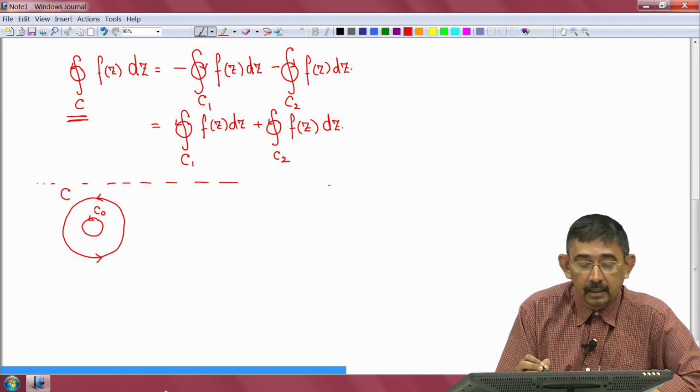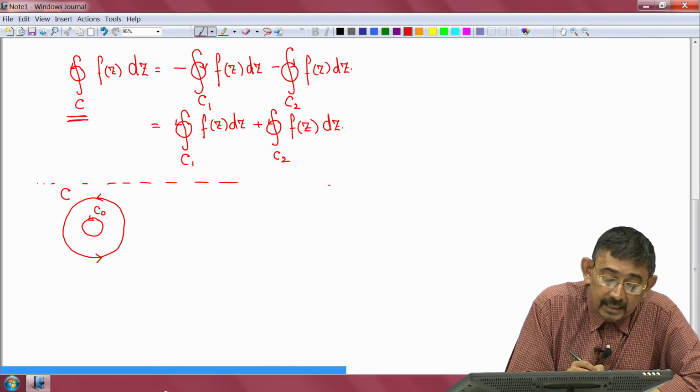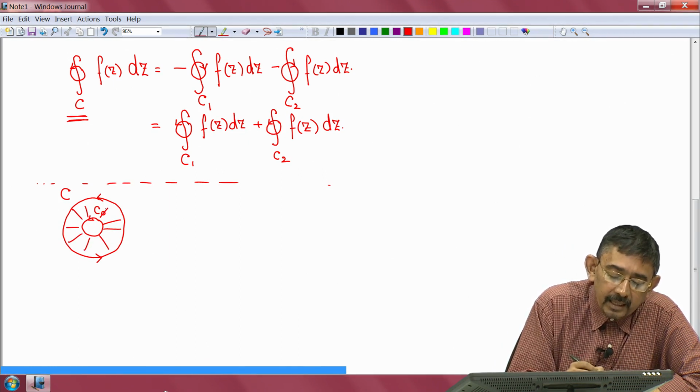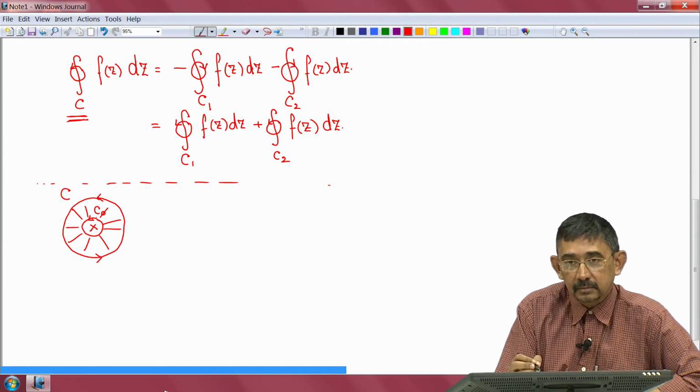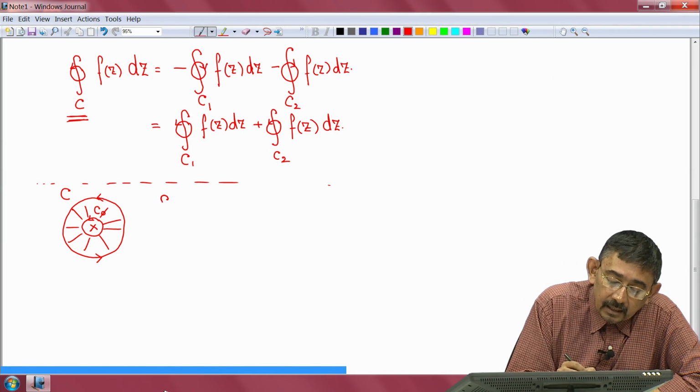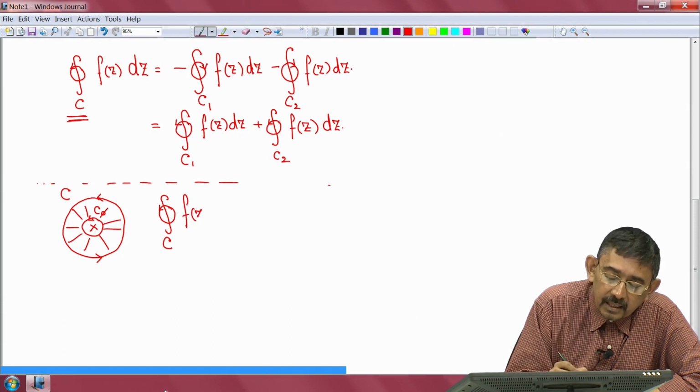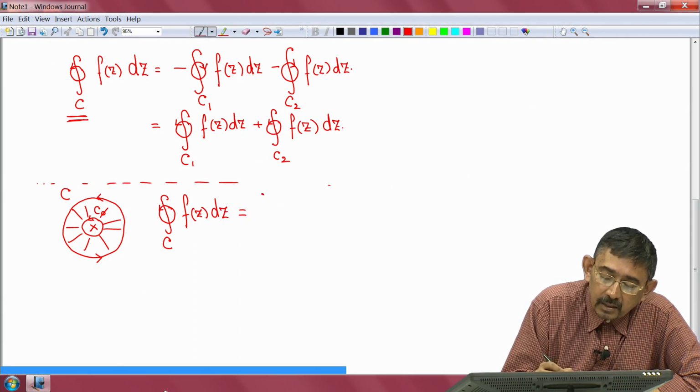Okay. And if a function was analytic between these two contours and on the two contours, but not inside, then the integral counterclockwise on C f of z dz is equal to the integral counterclockwise C0 f of z dz.